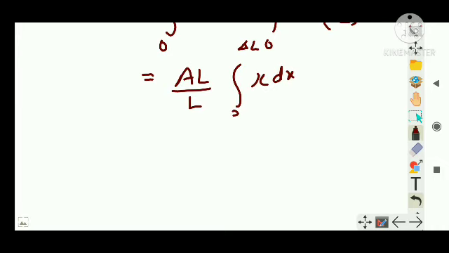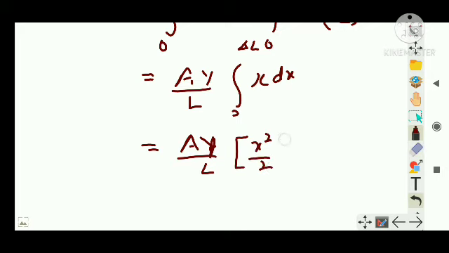Now what is the integral of x dx? It is x squared by 2. Sorry, here I am supposed to write AY by L squared, x squared by 2, with upper limit delta L and lower limit 0.